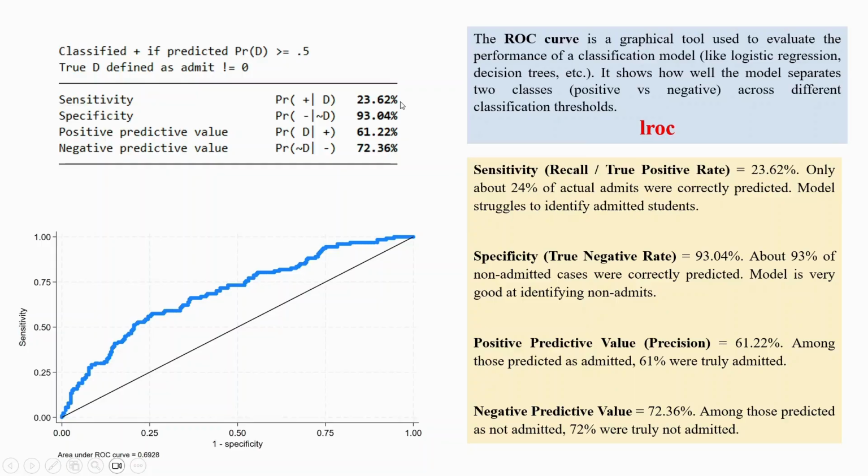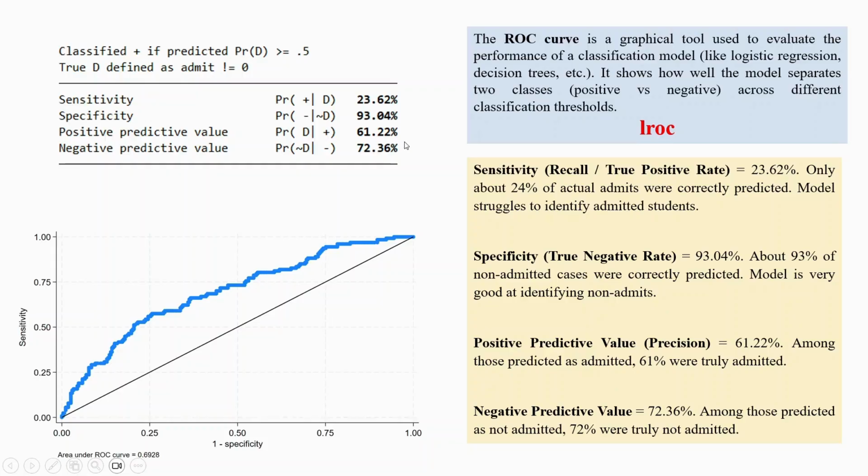Sensitivity, this one, it is 23.62%. Only 24% of actual admits were correctly predicted. The model struggles to identify admitted students. Specificity, true negative rate, 93.04%. About 93% of non-admitted cases were correctly predicted.